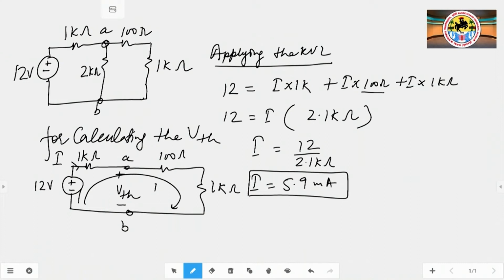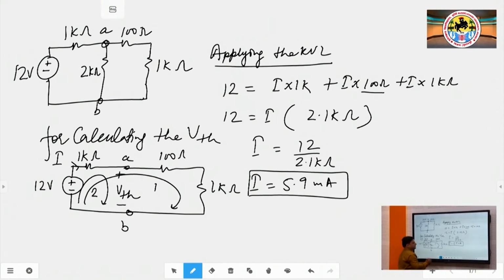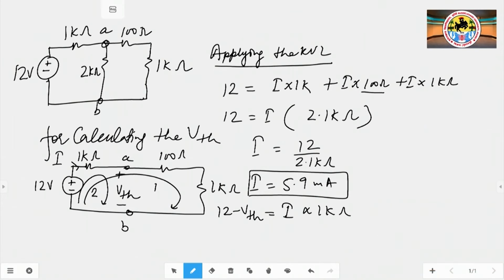Now, taking this small loop from 12 volt to VTH, we calculate the value of VTH. So, 12 minus VTH equals I into 1 kilo ohm. Now, putting the value of I in this equation, we can find the value of VTH.